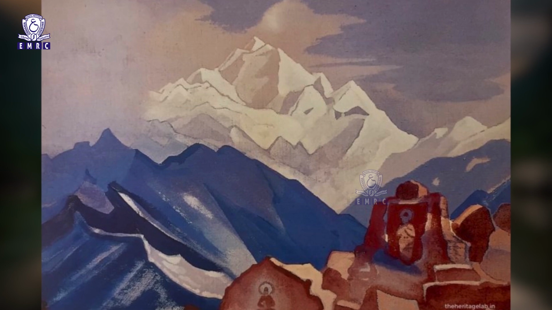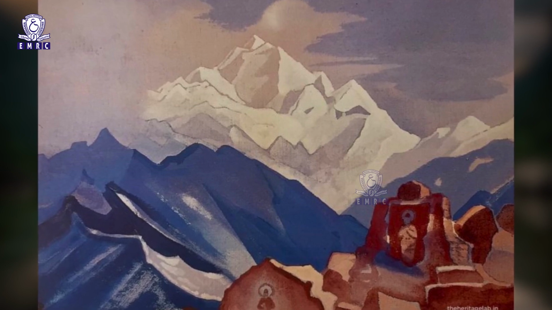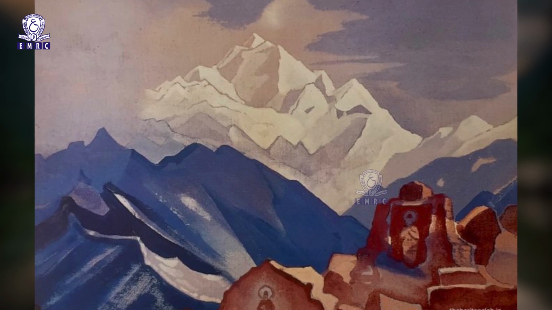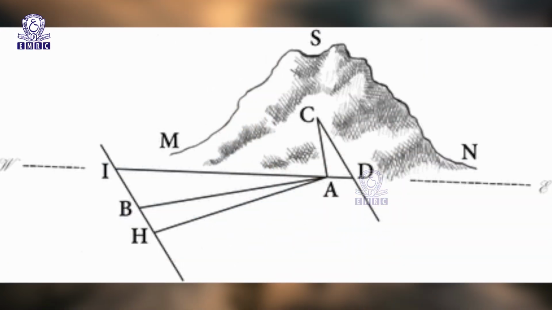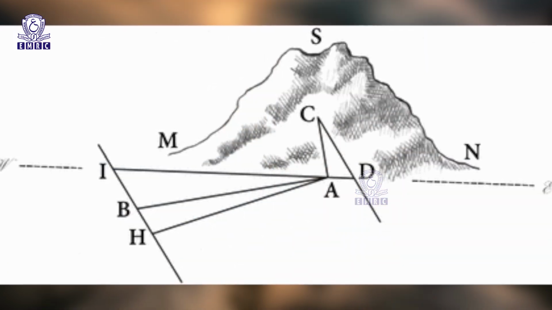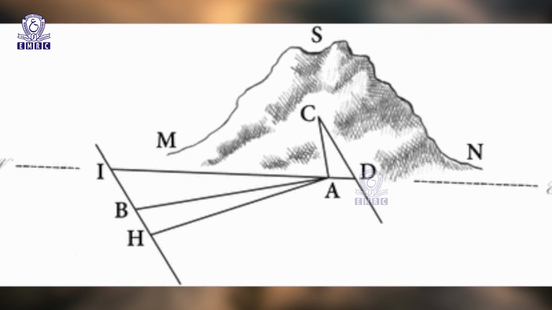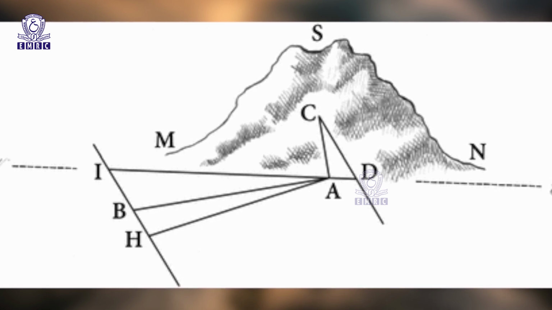The difference between these two methods was 5.23 seconds. The discrepancy between these two methods was attributed to the gravitational attraction of the Himalayas, due to which the plumb bob used in the astronomical determination of the latitude was deflected.